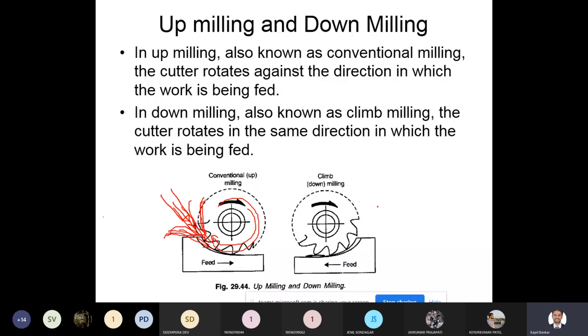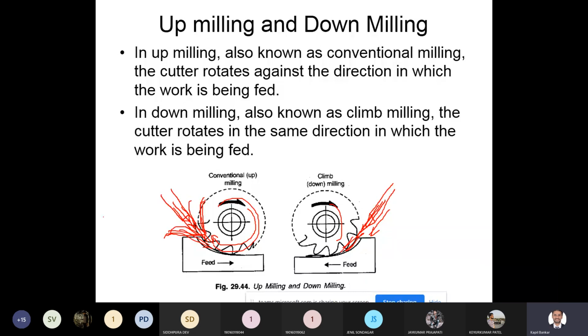While in down milling what happens? Suppose this is your pipe and this is your nozzle, and from this pipe and nozzle your cutting fluid is applied. Because of the downward movement of the cutter, it can easily enter the machining zone.